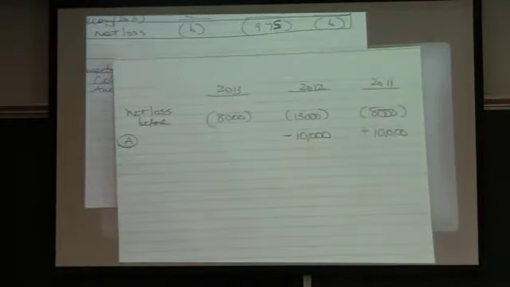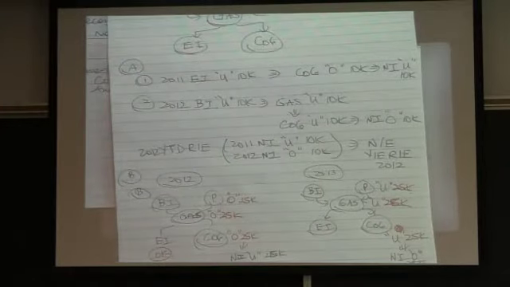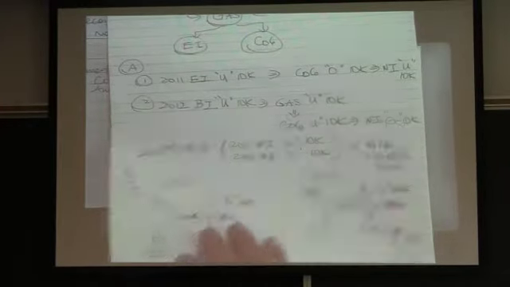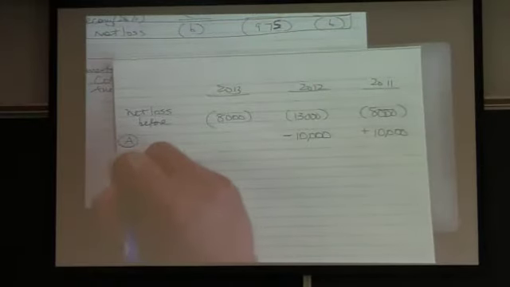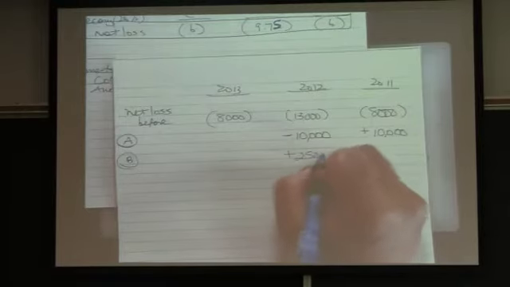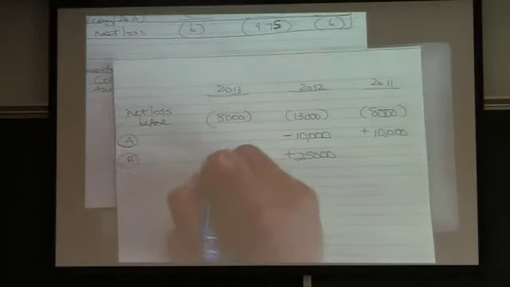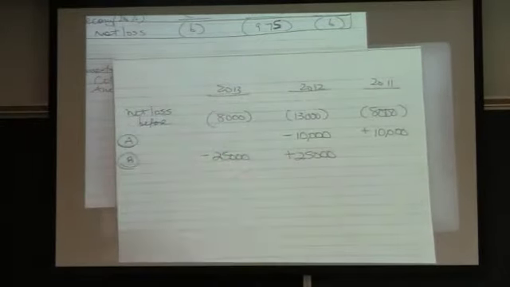Right? And for B, the second error, you'll see that net income is understated by 25 in 2012. If it's understated, we want to add 25,000. And for 2013, it's overstated by 25, so we want to subtract 25.